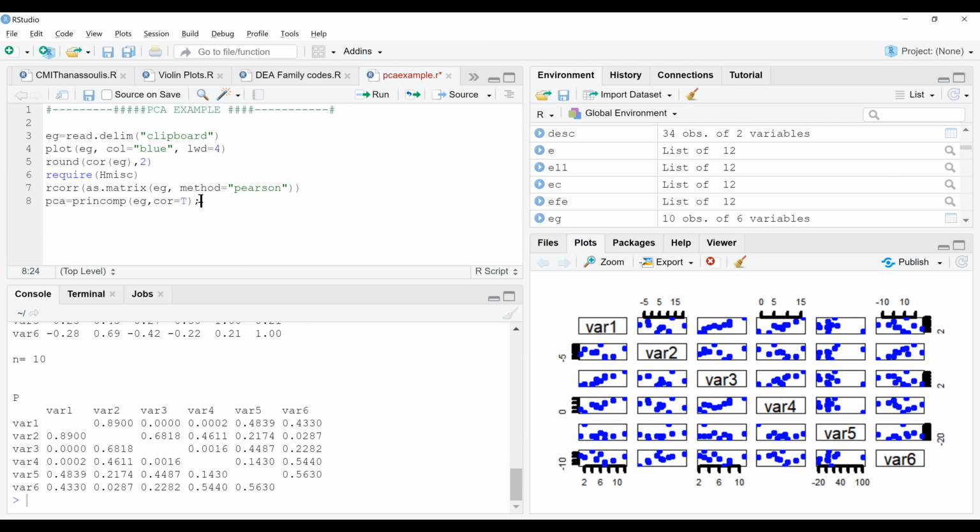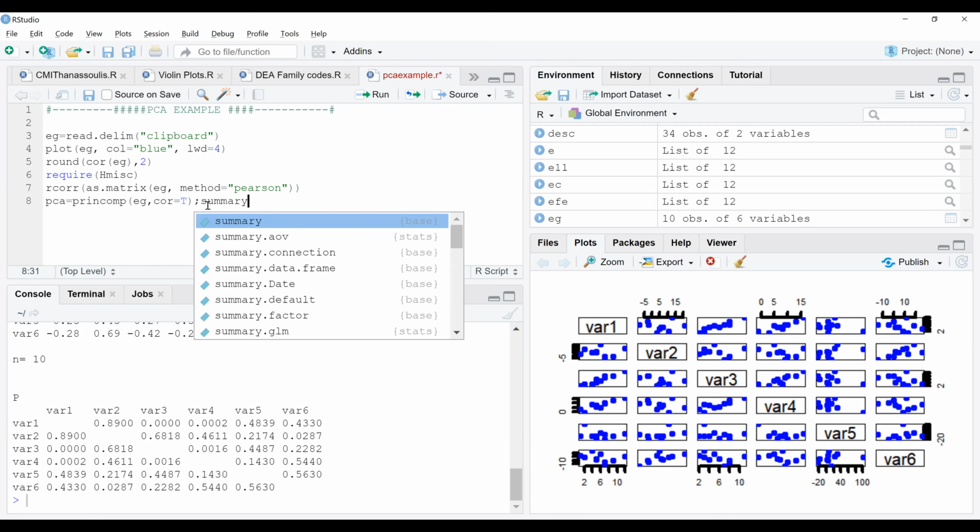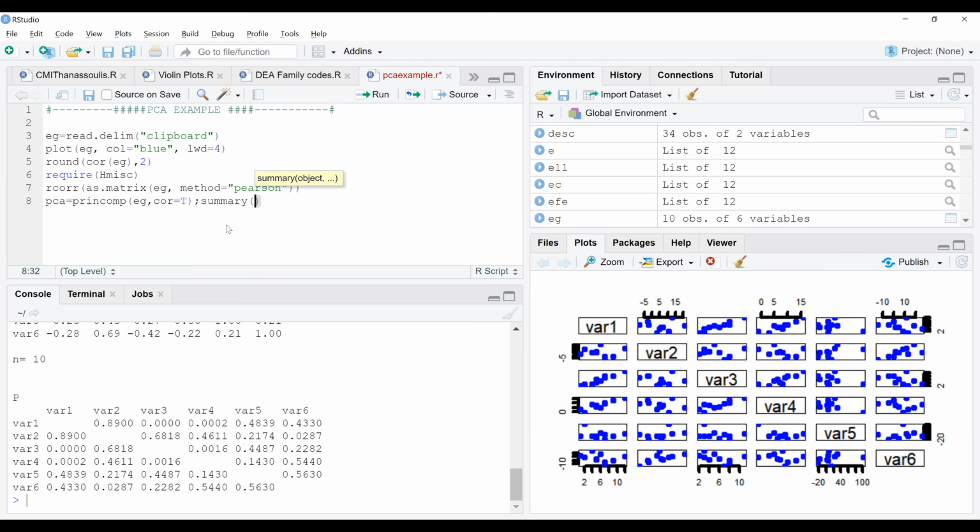We want to quickly summarize the results, so you want it to run the correlation and give you the results. Type summary in brackets, then you type PCA, because that's the name we gave here. Then you bring a comma, and after the comma you type loadings.